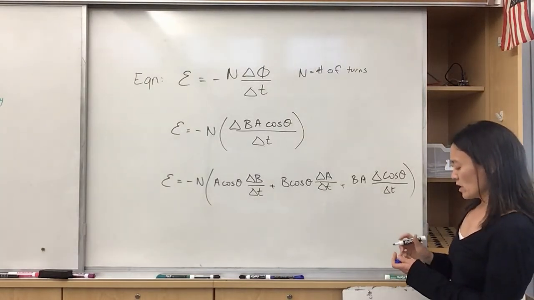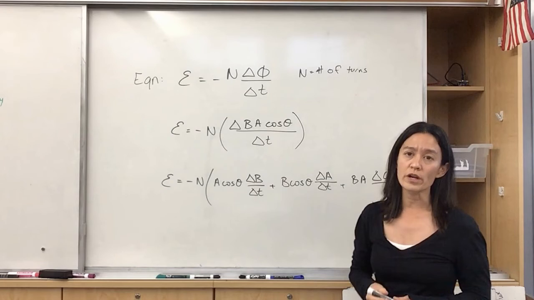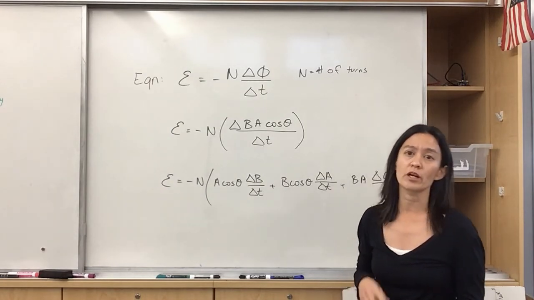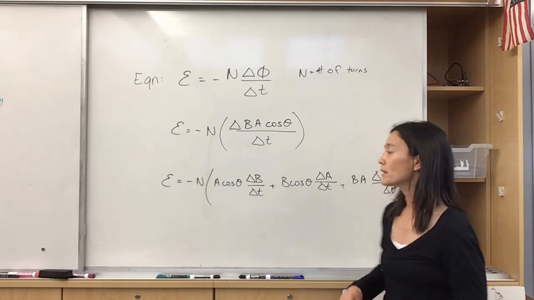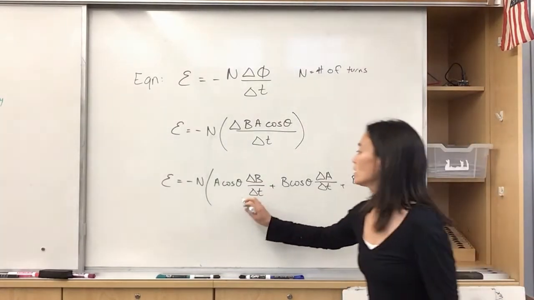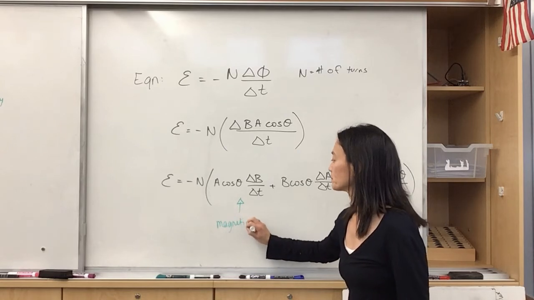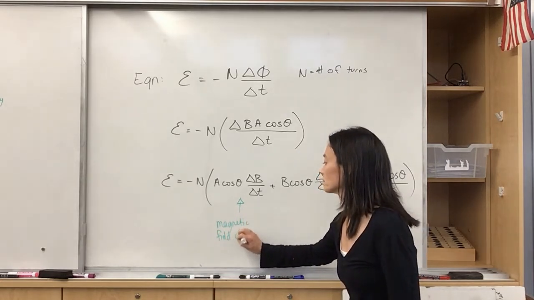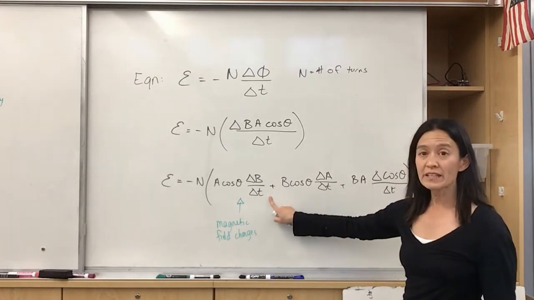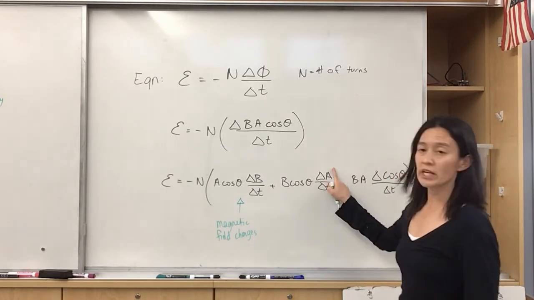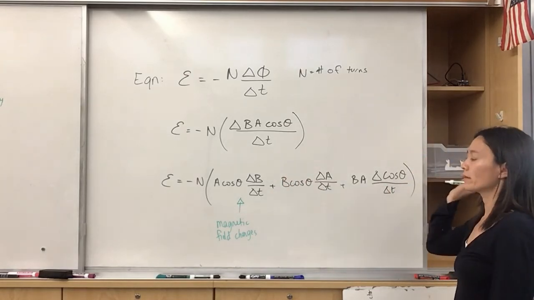In the examples that we are going to be exposed to, we're really only going to have one of our variables changing in time. So it would be like our magnetic field is changing, our area is changing, or our orientation is changing. This would be if the magnetic field is changing, because if only the magnetic field is changing, then my change in area would be 0, and my change in orientation would be 0, and these terms would just go away, okay?